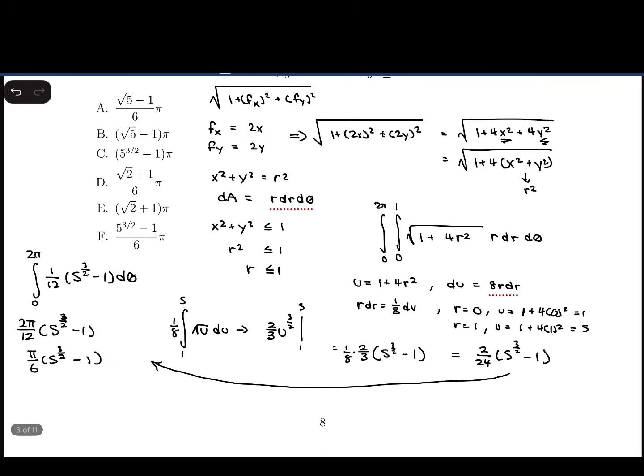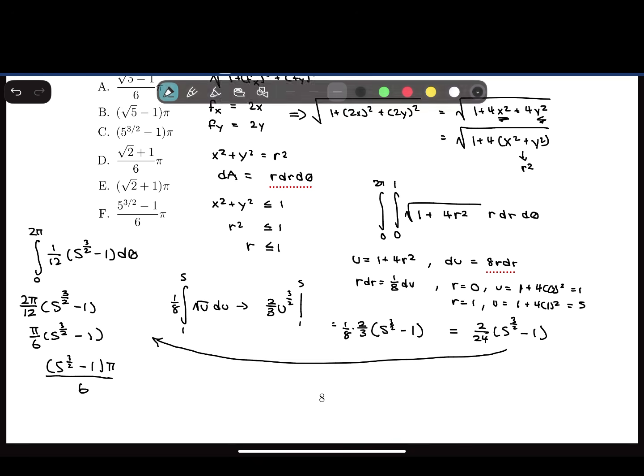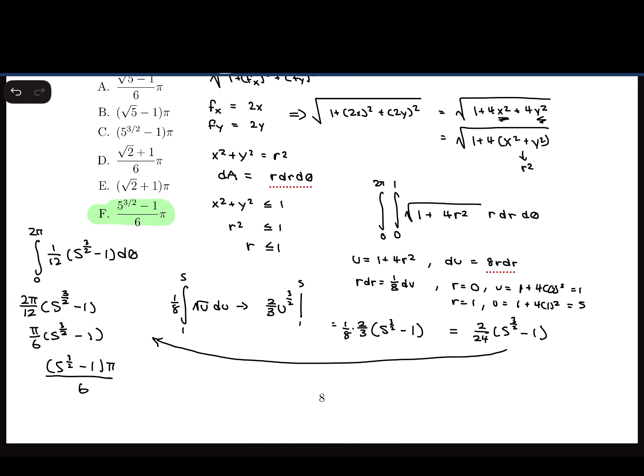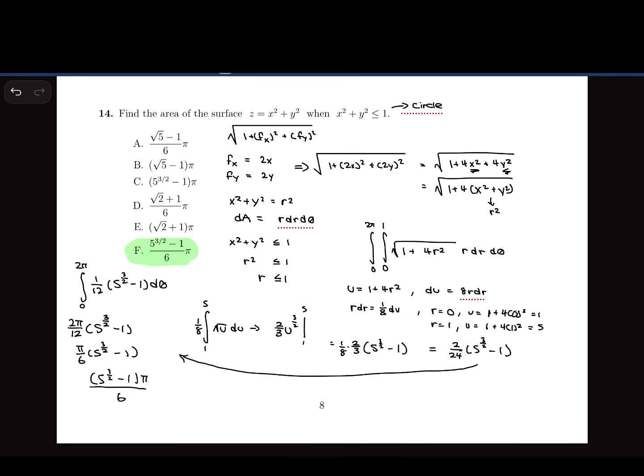I'm running out of space here, but the answer is 5 to the power of 3/2 minus 1 times pi all over 6, which is our answer choice F. Terribly sorry, my work got a little bit messy there at the end, but that's question number 14.